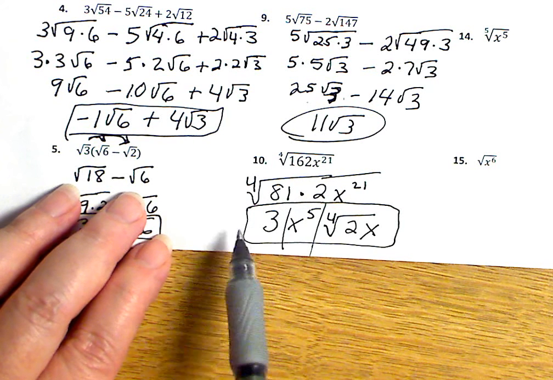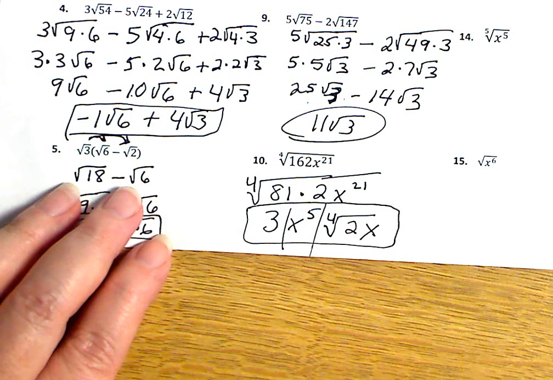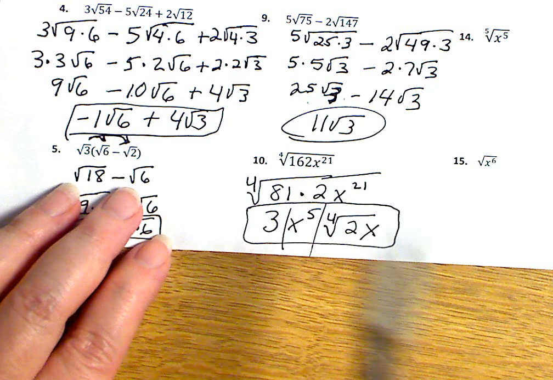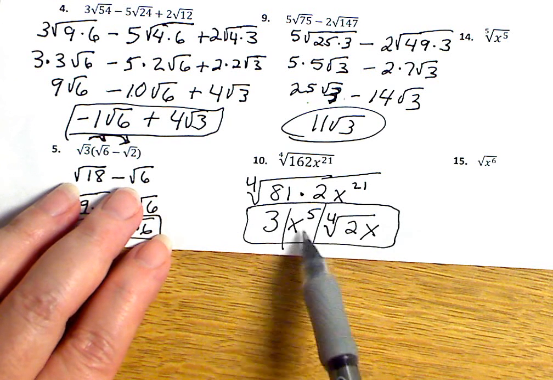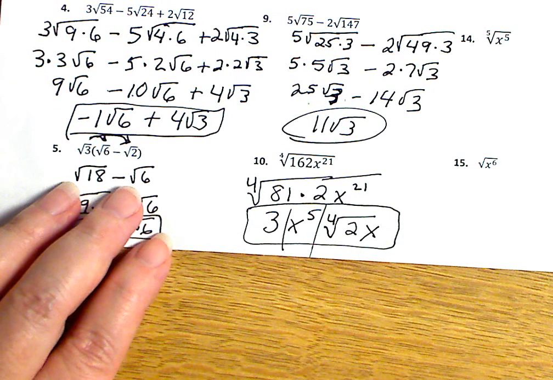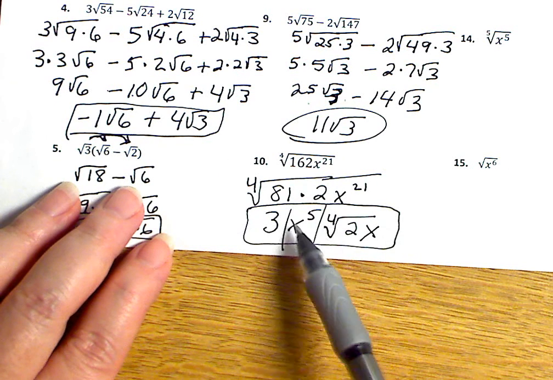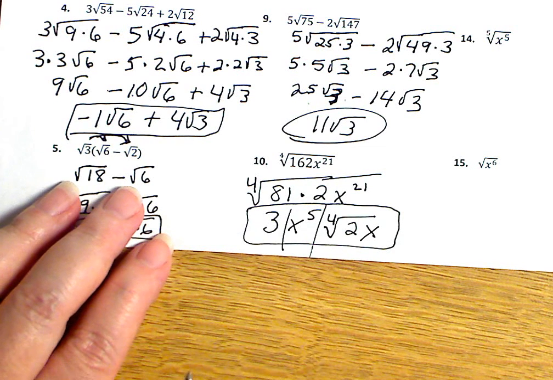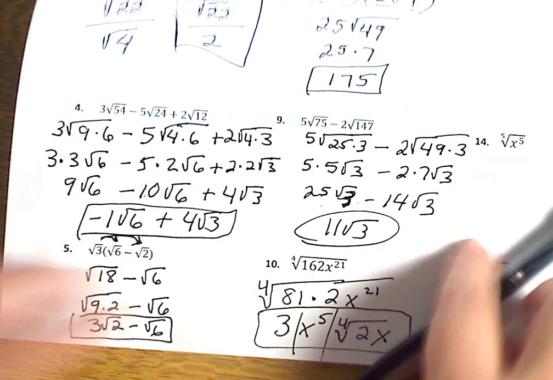Because 3 times 3 times 3 times 3 is 81. Then we have, did you get the rest of it? Okay. 5 times with 1 left over. Yep. All right, ladies and gentlemen.